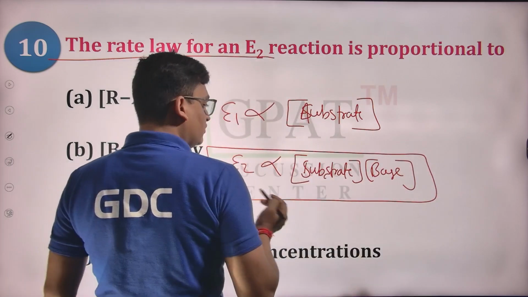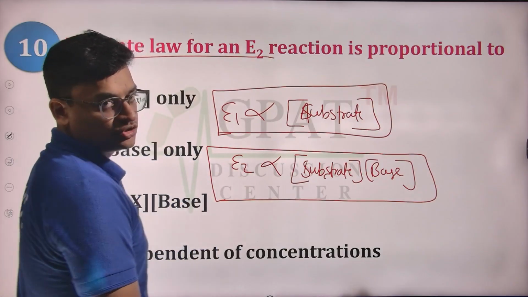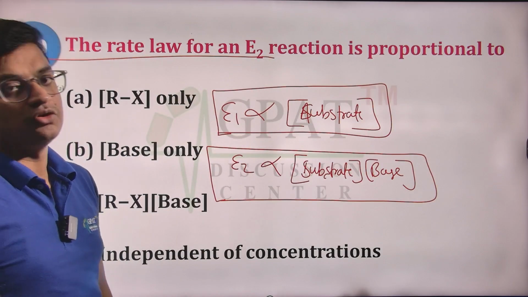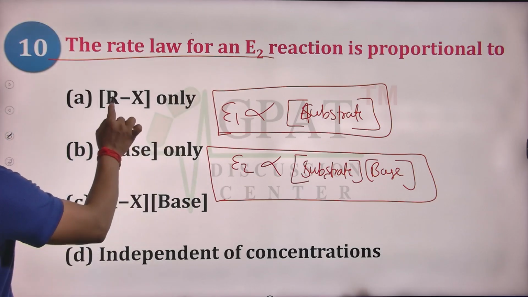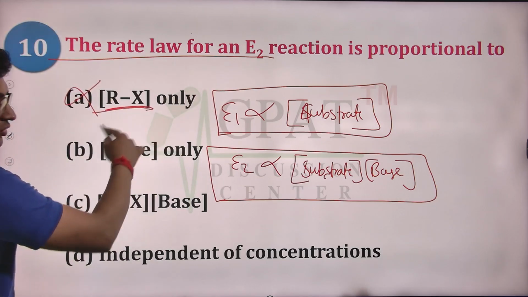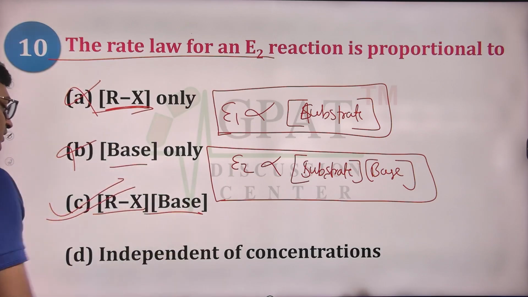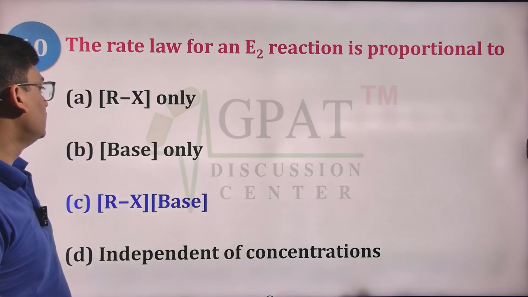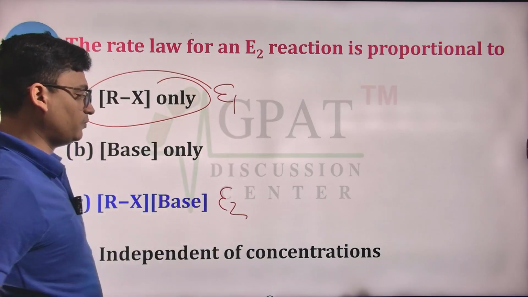It proceeds in one step, that's why the rate of reaction depends on both the concentration of substrate as well as base, while for the E1 the concentration of substrate only describes the rate of reaction. So for the E2, is it the substrate only? No, not at all. Base only? No. Substrate and base, yes, that is correct. So for the E2 this, and for the E1 just substrate.